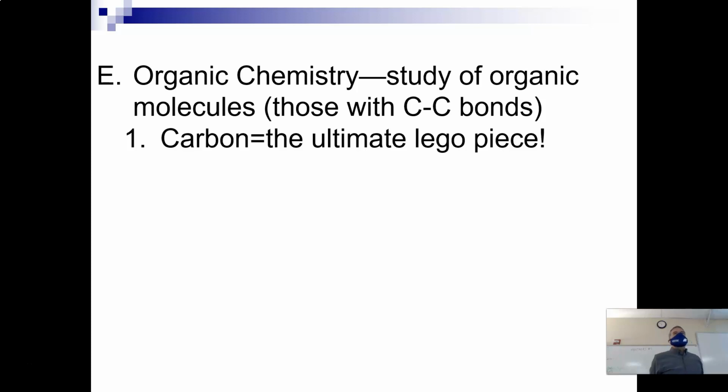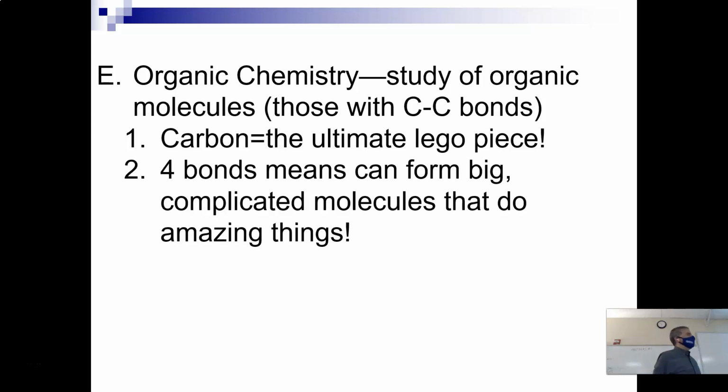Like I said, carbon's kind of the ultimate Lego piece. Its 4 bonds at once mean that you can build crazy complicated stuff with it. In fact, pretty much every complicated molecule you are built from is built on a backbone of carbon.